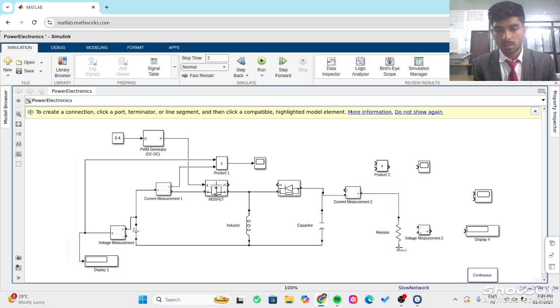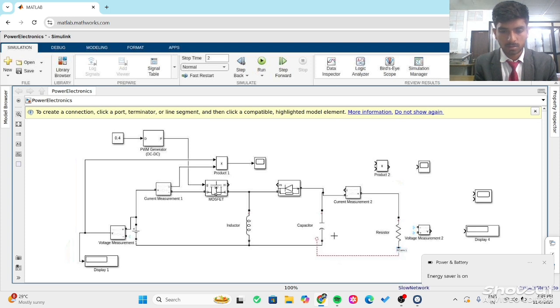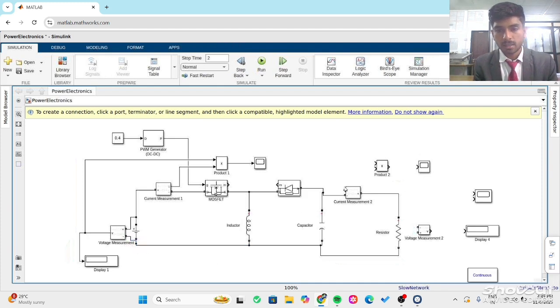We are using a resistor load here. Then connect the negative terminal of the voltage measurement in parallel. After that, connect this terminal to the downside. Connect the voltage measurement in parallel to check the output voltage.